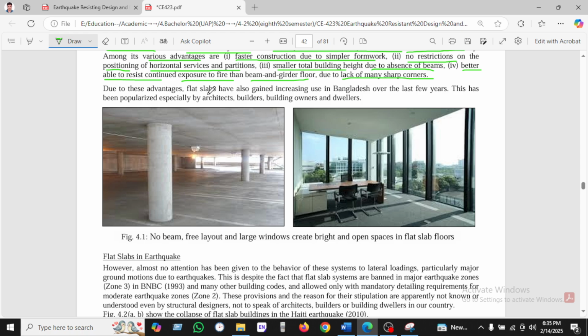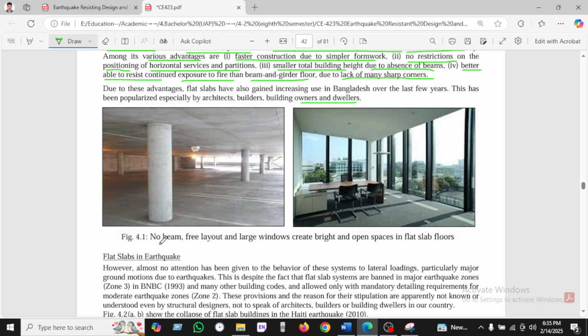Due to this advantage, flat slab has also gained increasing use in Bangladesh over the last few years. This has been popularized especially by architects, building owners and developers.